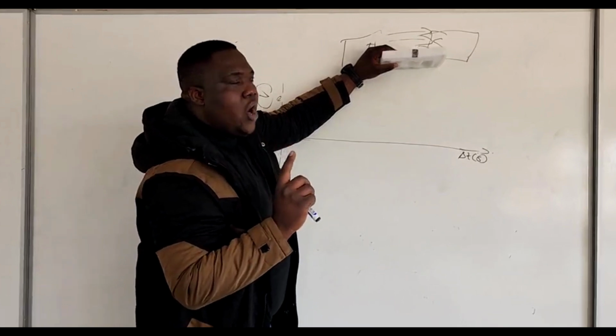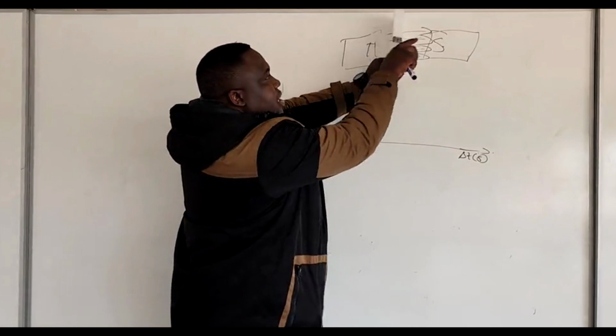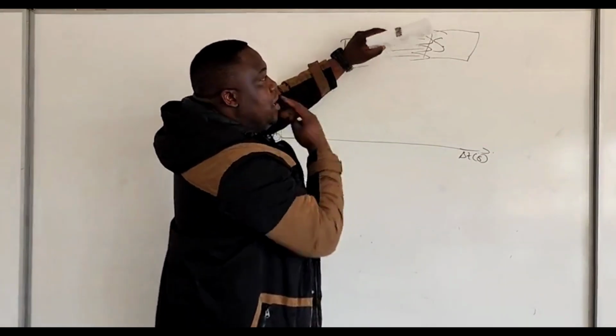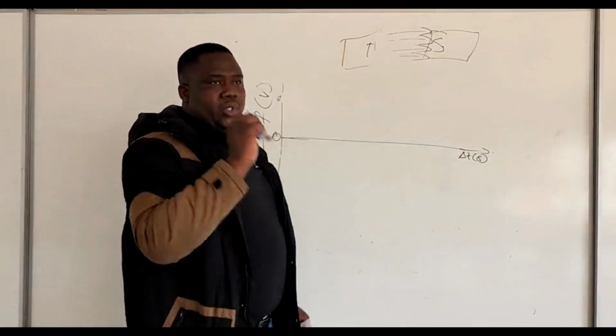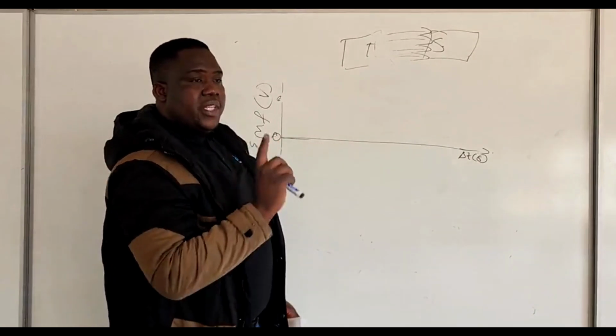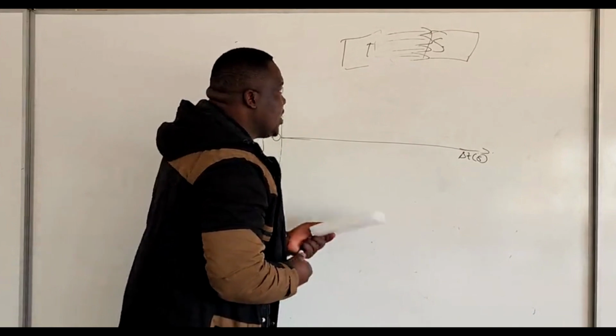When the coil becomes perpendicular to the magnetic field line, the normal line becomes parallel. You need to take note that when we are told that the coil is parallel, it means the normal line is perpendicular. I hope you got that.